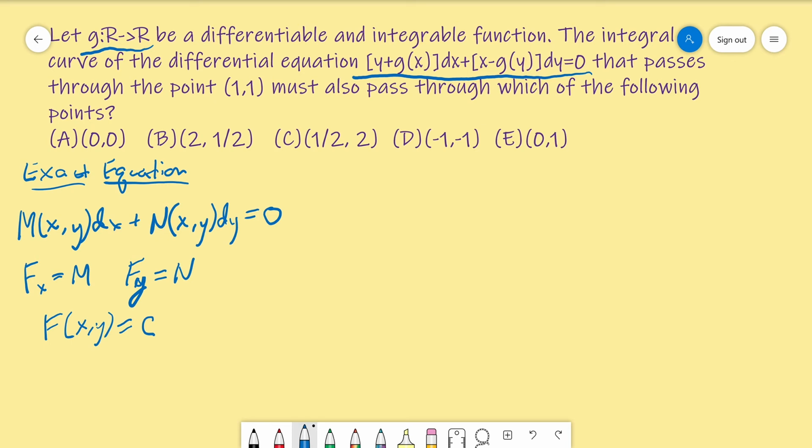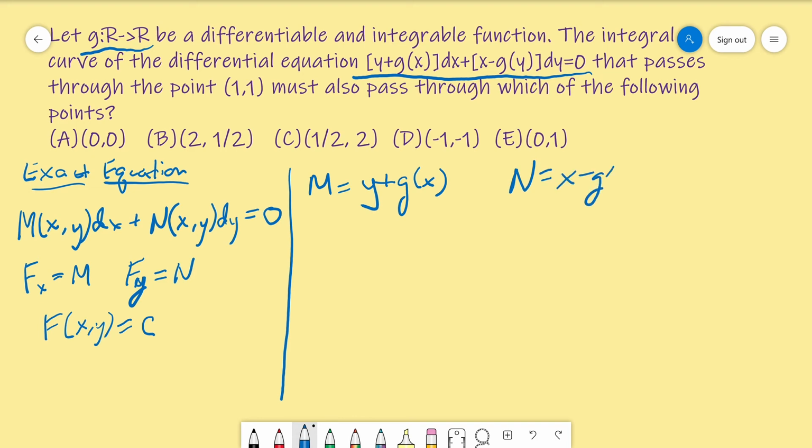So the way to solve such an equation is to integrate M with respect to x and to integrate N with respect to y. So that's what we're going to do here. Our M in this case is y plus g of x, and our N is x minus g of y. So let's take the integral of M, the integral of y plus g of x with respect to x.